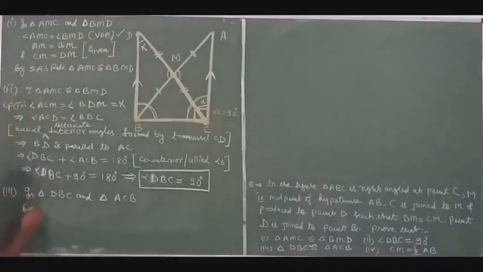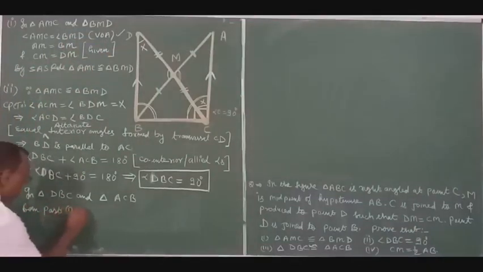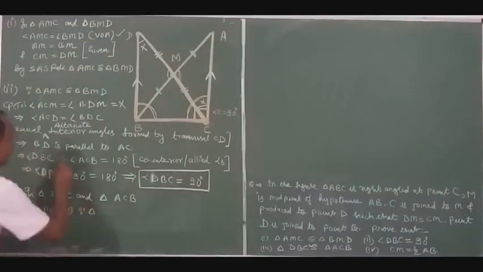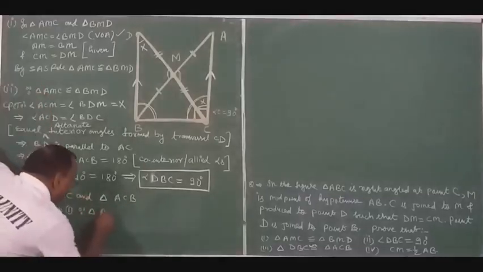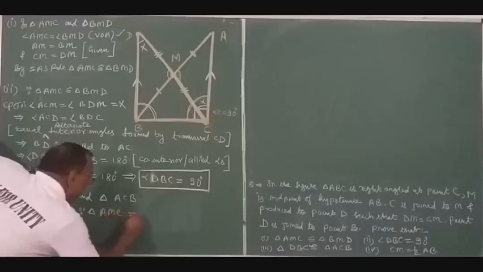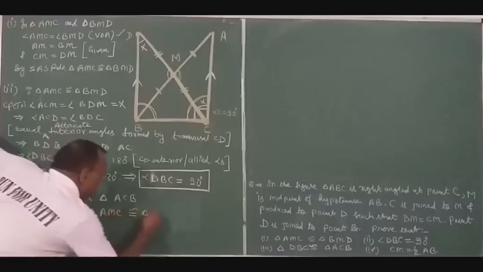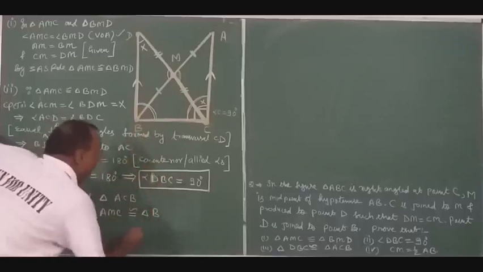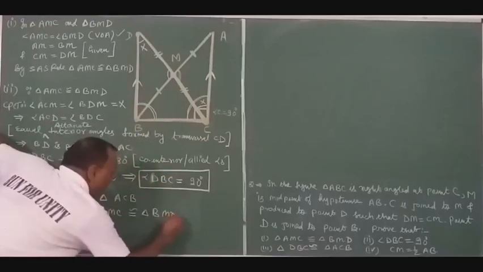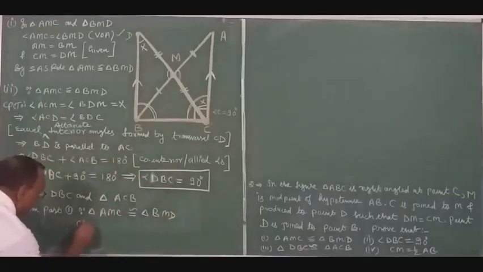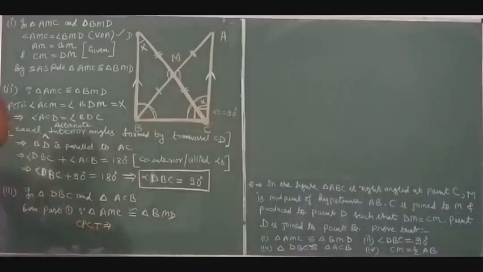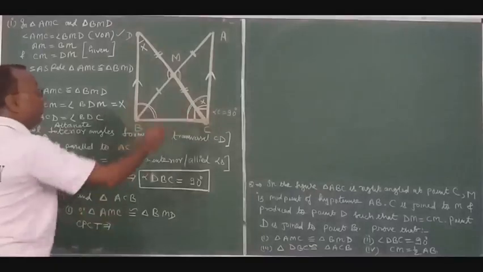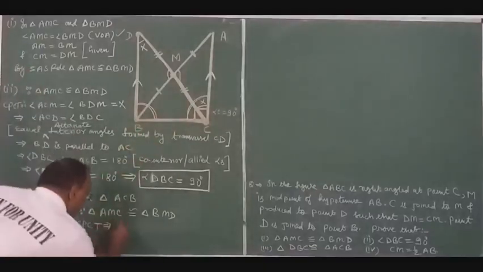From the first part, since triangle AMC was congruent to triangle BMD, therefore its CPCT will tell one more thing, and that will be BD is equal to AC.